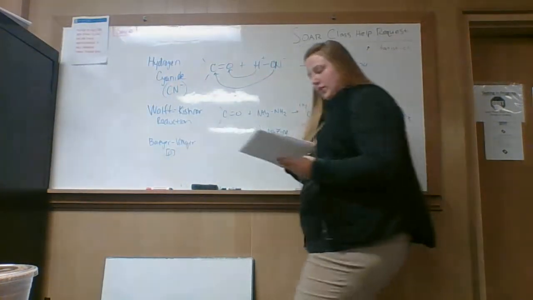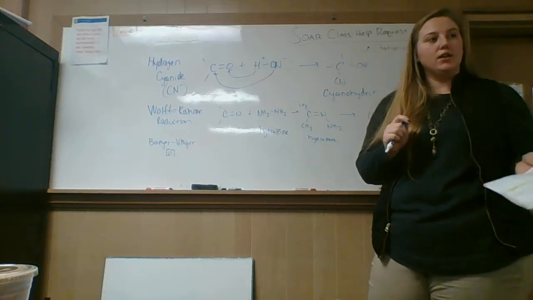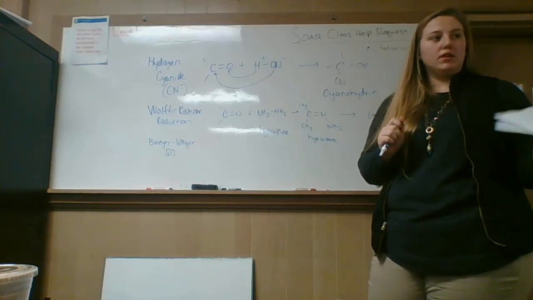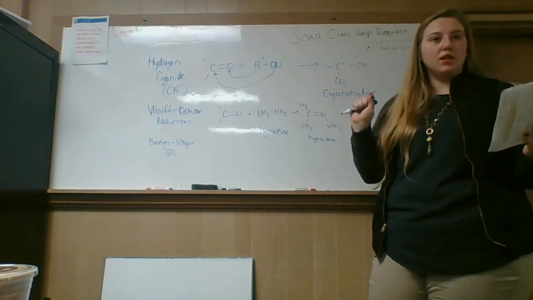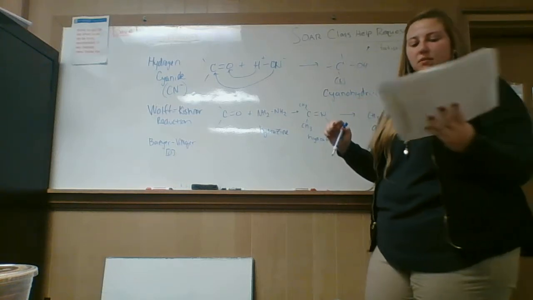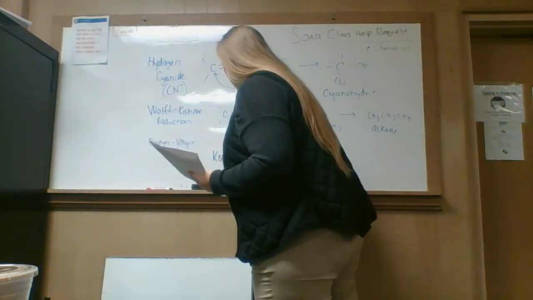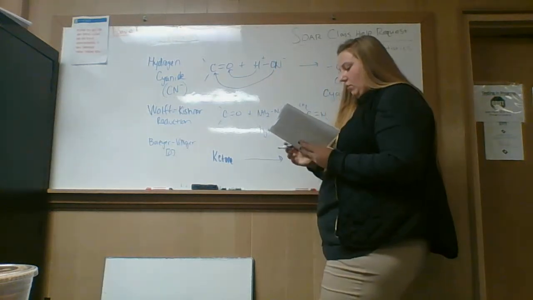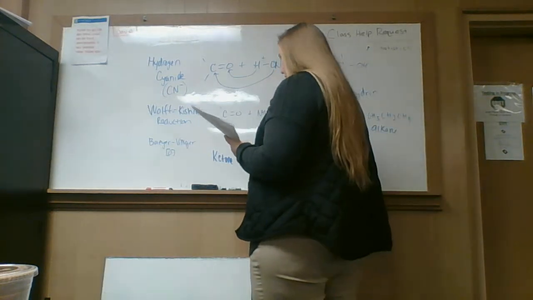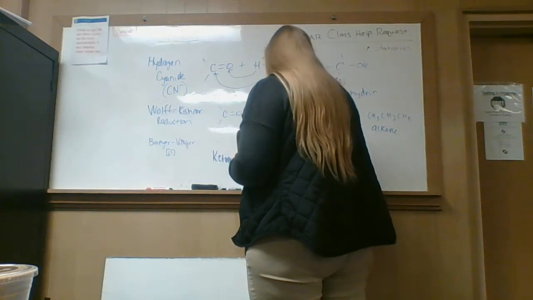I do want to point out in Dr. Cosper's notes, she references aldehydes or ketones, but for this one, looking through the book, I believe it's only ketones that undergo this reaction. So just something to keep in mind. A ketone is reacted with something called peroxycarboxylic acid.